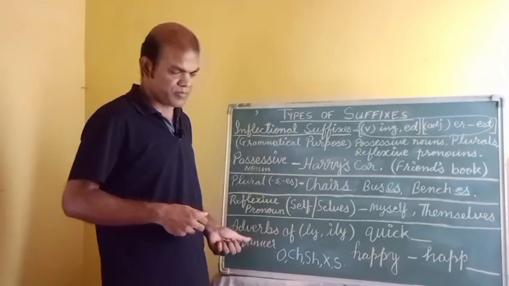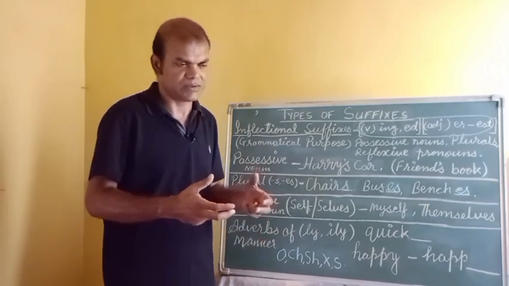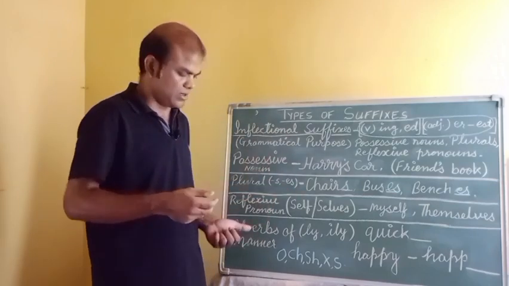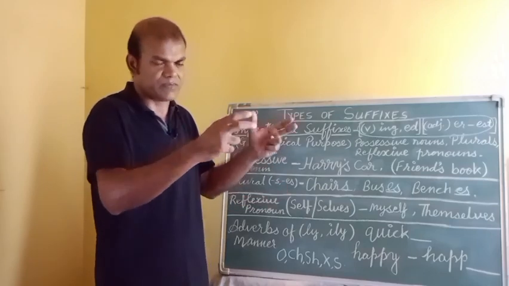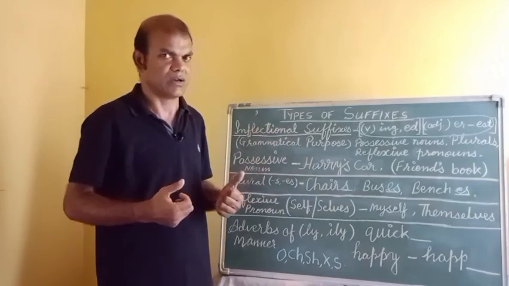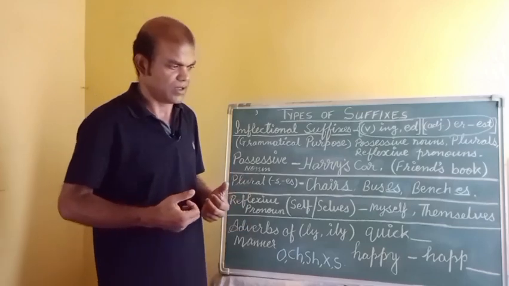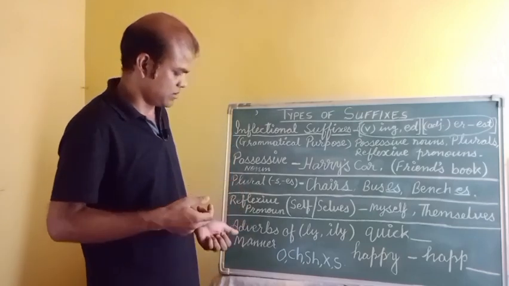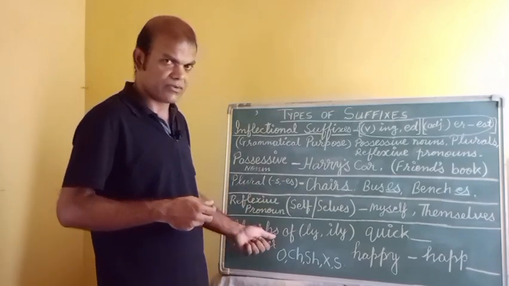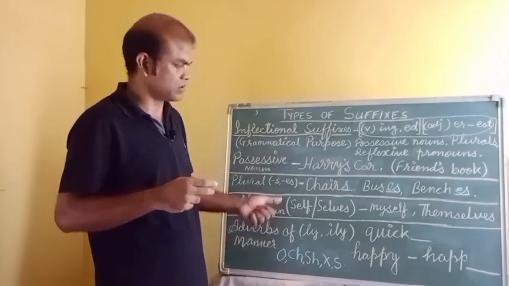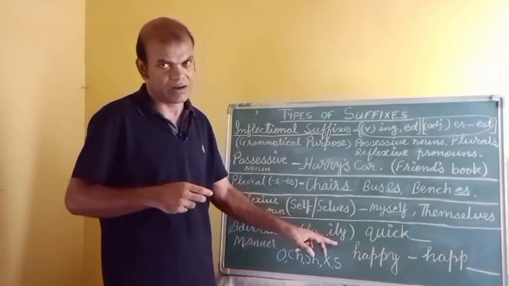Now adverbs of manner. Adverbs of manner means the way something is done. These adverbs answer the question how something is done or how something is being done, in which way. Okay, we know them as adverbs of manner. Now we must not worry about adverbs, because there are only two suffixes, ly and ily.